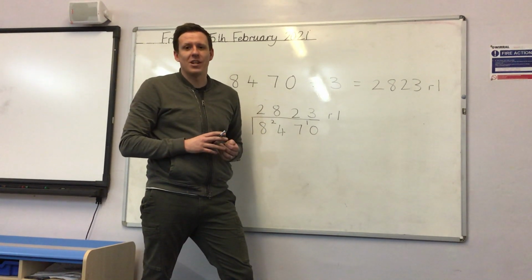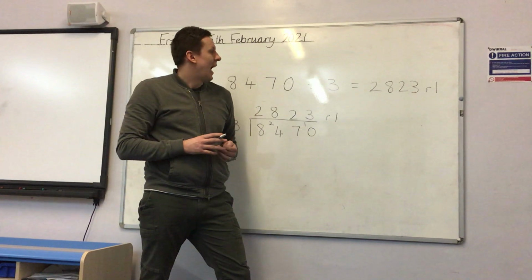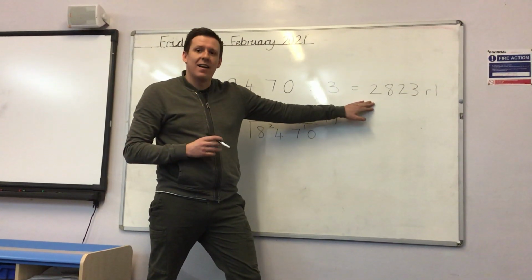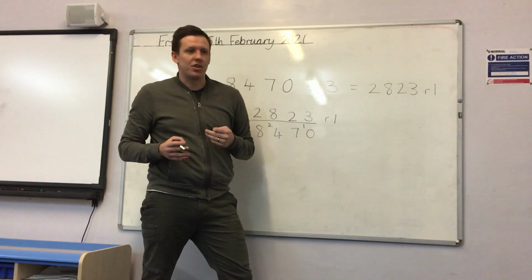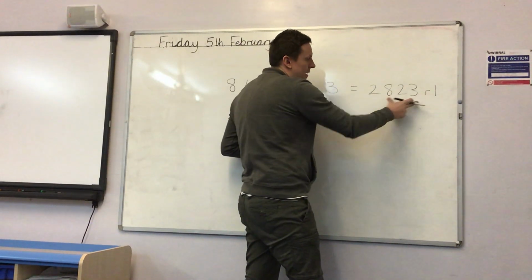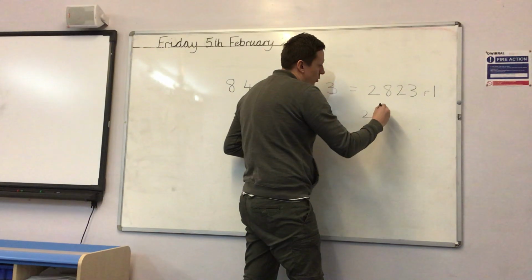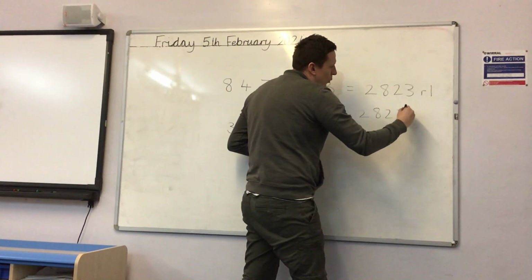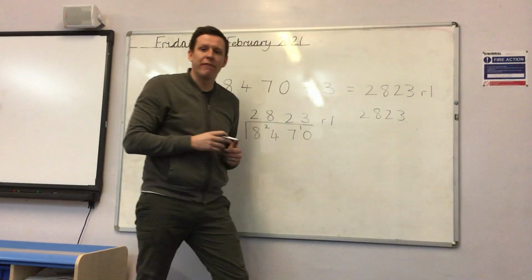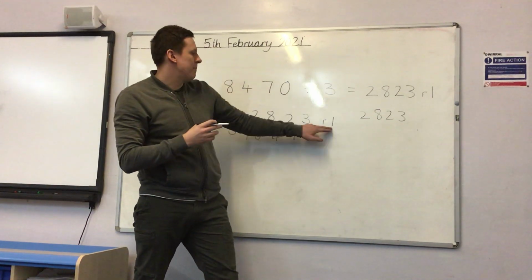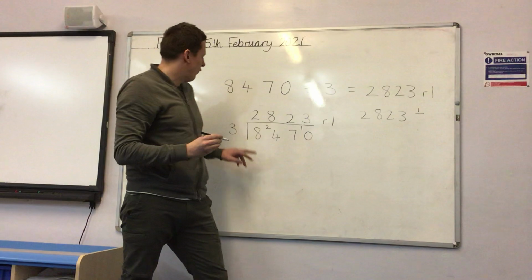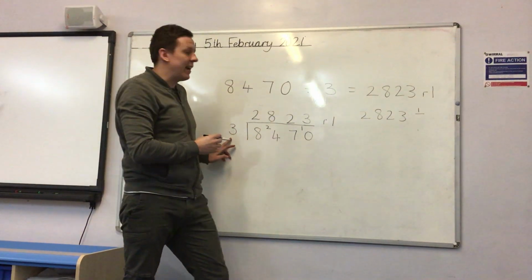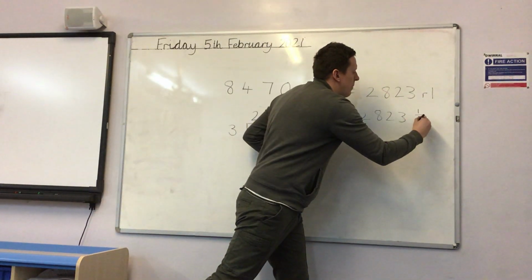If you really want to impress me, Year 5, then you can draw on some of the fraction work that we did earlier this term. And you can write this answer as a mixed number. Remember, that's a whole number and a fraction. This part of our quotient stays as the whole number, and we can turn our remainder into a fractional remainder by simply taking the 1 as our numerator, and remember we are dividing by 3, so that becomes our denominator.